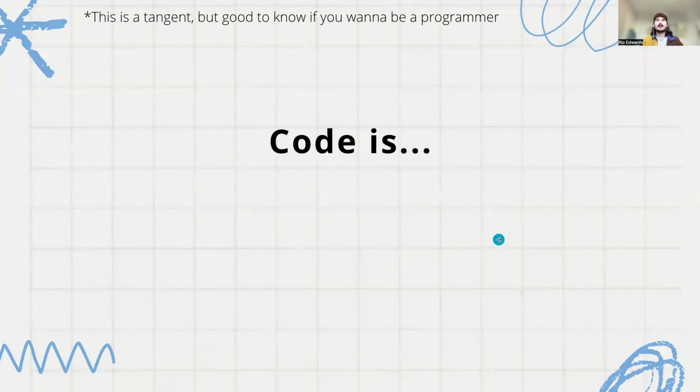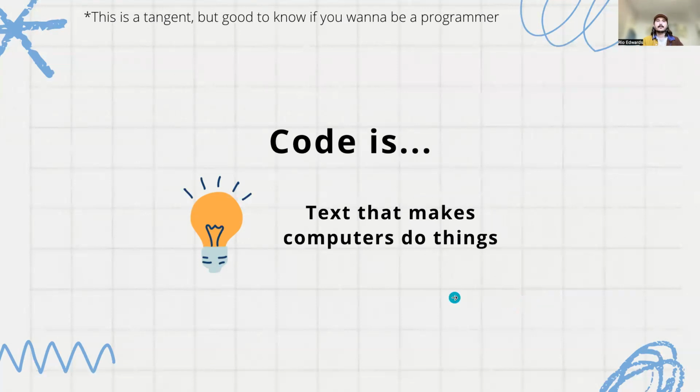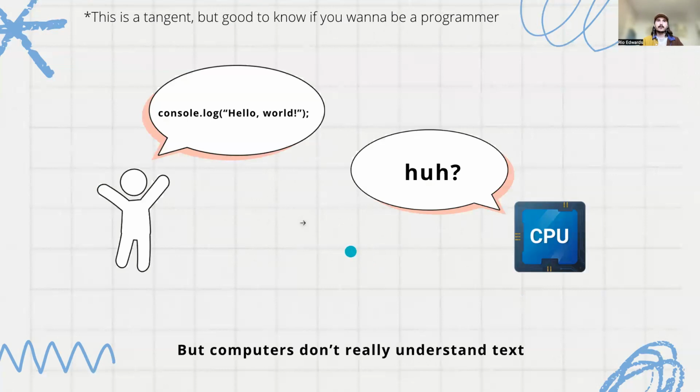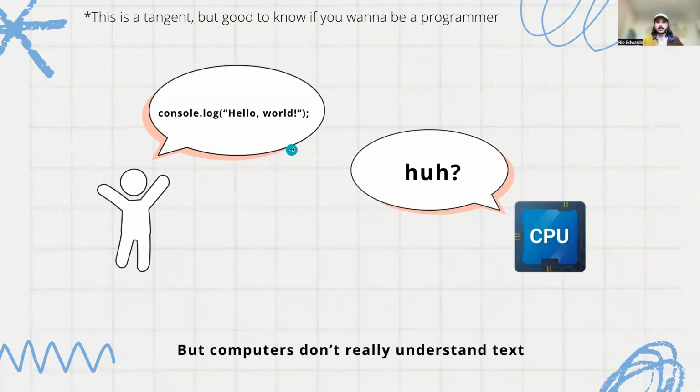What is code? Code is text that makes computers do things, which I'm sure you all know by now. How does it really work though? Well, when you write console.log hello world, your computer doesn't know what that means. Computers don't really understand text. Your actual CPU, the central processing unit, the core of your computer, is what's actually running all the code.